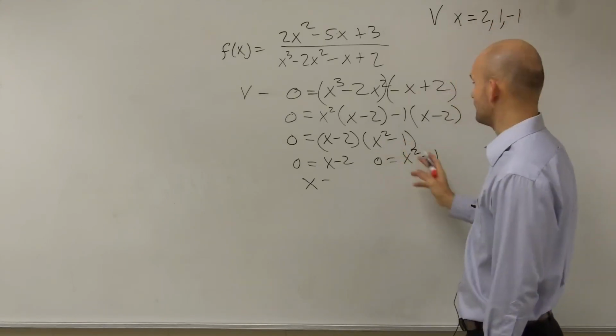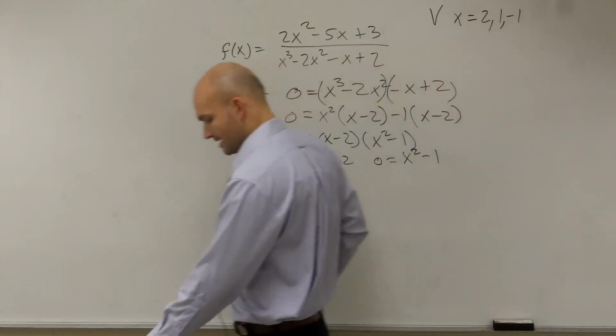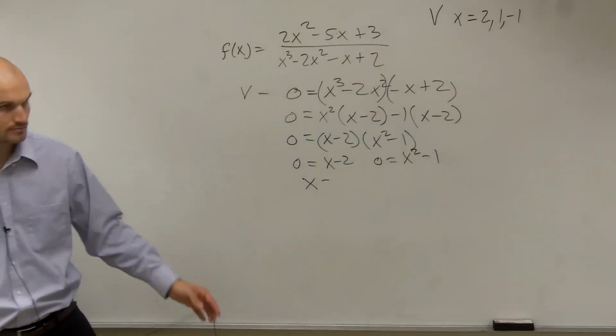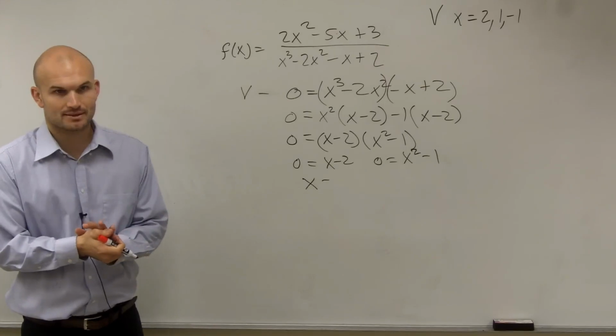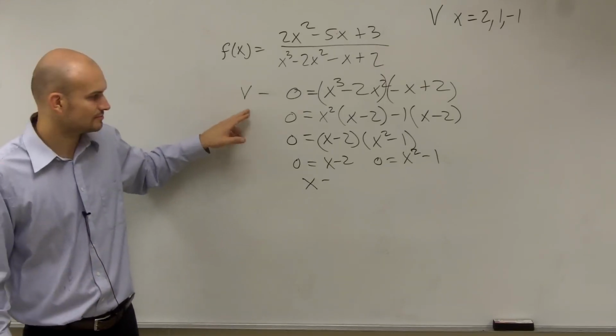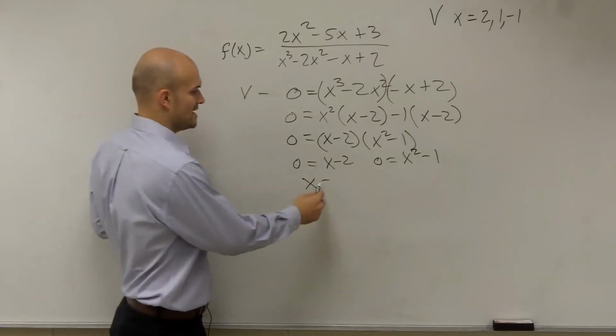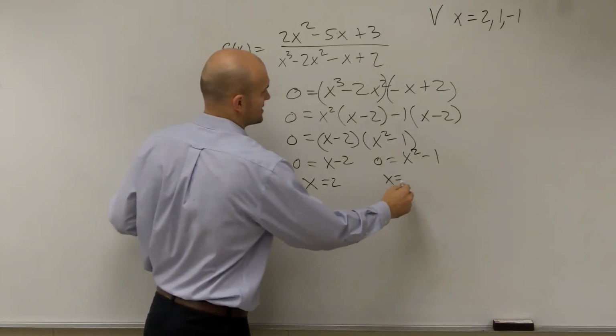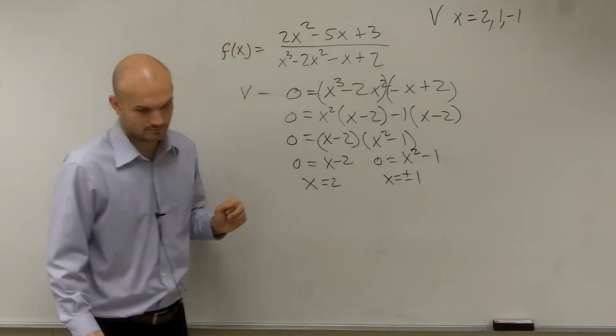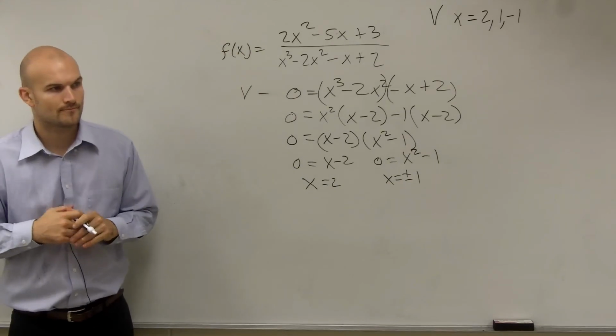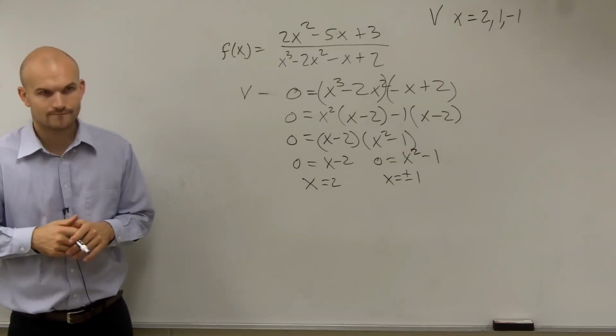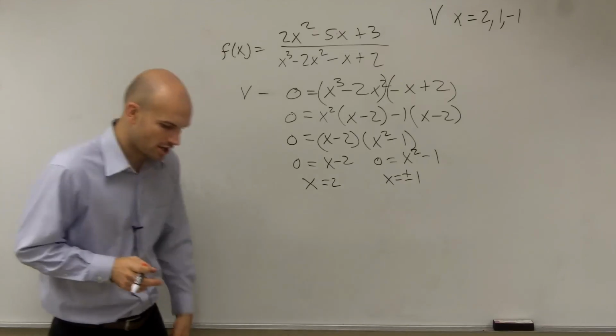As I solve, I add 1 to the other side, take the square root, and I get plus and minus 1. All right, any questions with that? That was your vertical asymptotes. So x equals 2, x equals plus or minus 1. Cool with that? That's your hardest factoring problem.